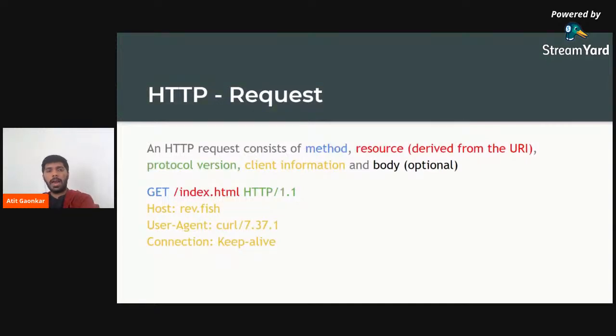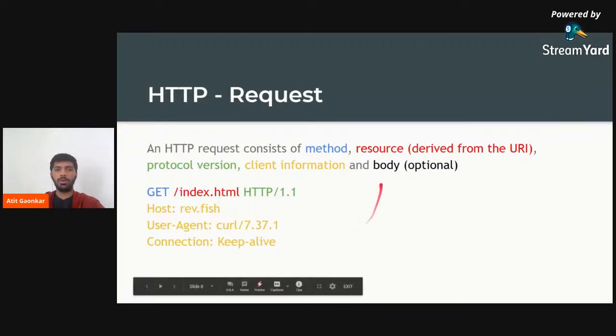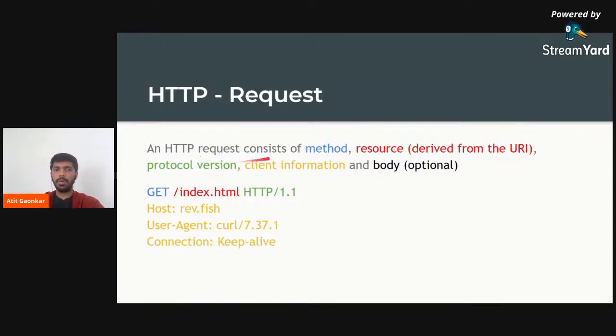Now, I had to make the slide a little colorful for you to grasp the terminologies and map them one to one to the example. As shown, an HTTP request consists of method, resource, protocol version, and client information, followed by the body.